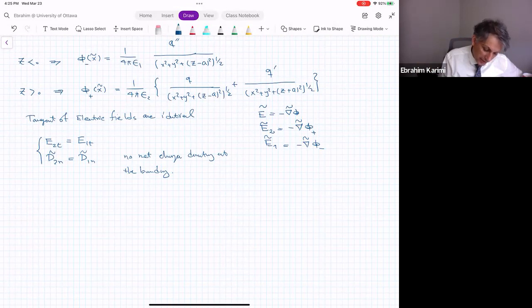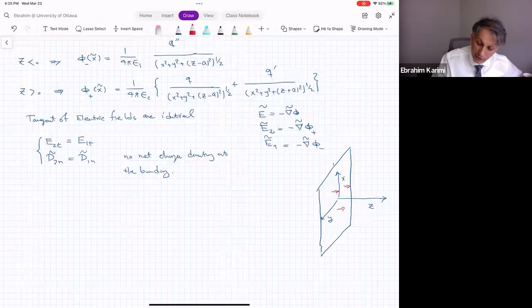So what are the tangents? Remember the plane was like this. I didn't show the two-dimensional way. This is Z, this is X, that side is Y. Definitely the normal to this plane is along the Z direction.